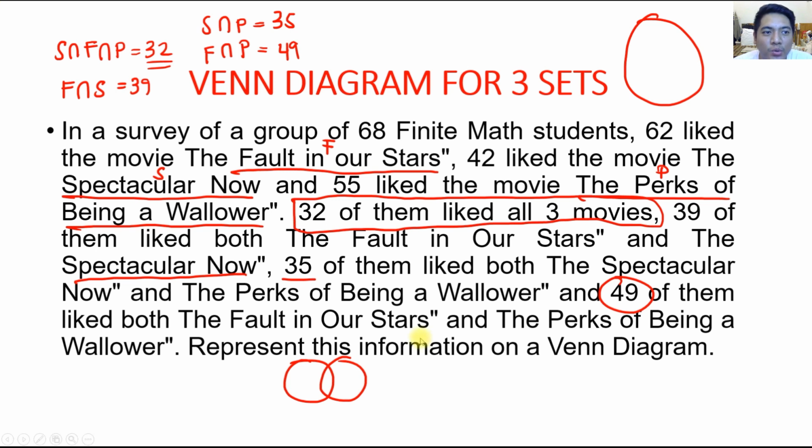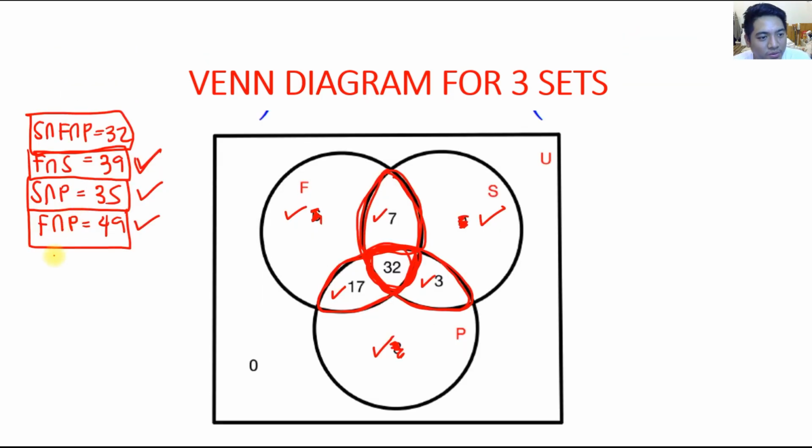they say 62 like the movie The Fault in Our Stars. So in our information for The Fault in Our Stars, we already have 7, we already have 32, plus 17. What we are going to do is subtract the sum of these from the total persons who like The Fault in Our Stars.